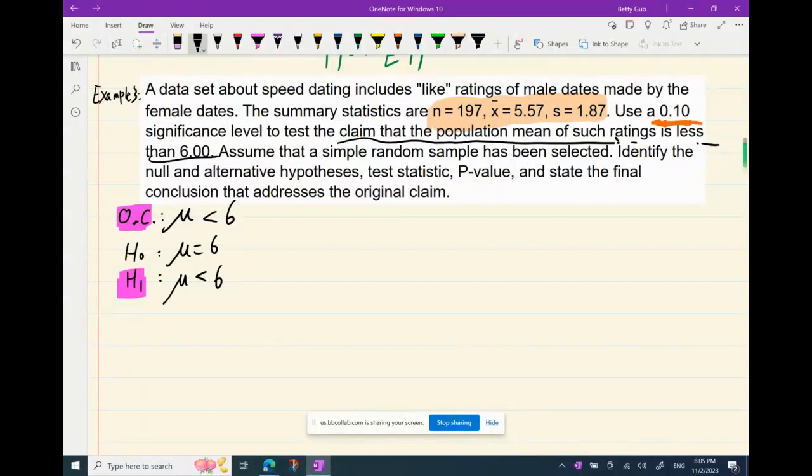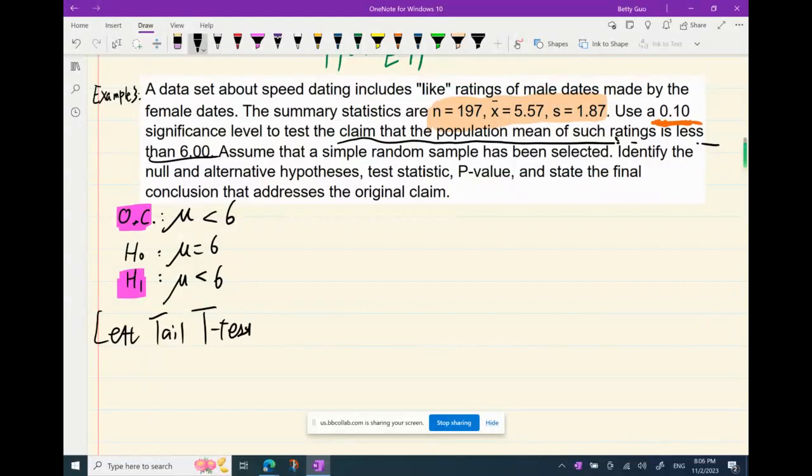As we can see, this is going to be a left tail test. Example 1 is a two tail, example 2 is a right tail, example 3 is a left tail. It's going to be a left tail t-test.